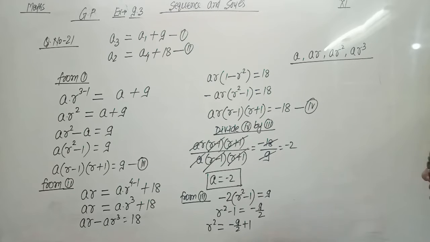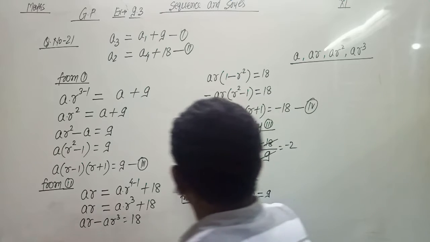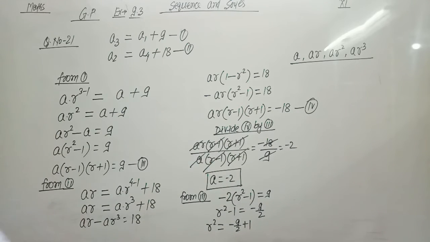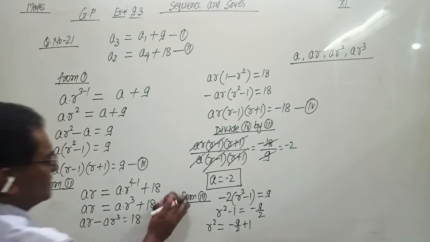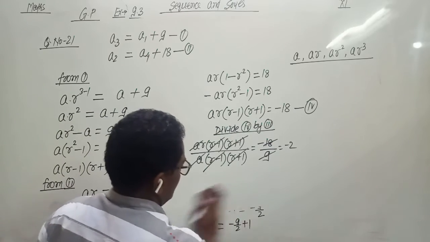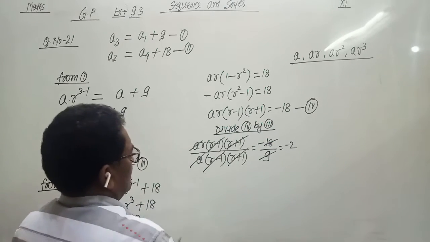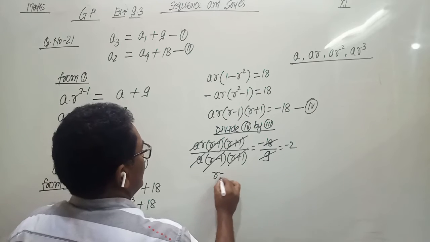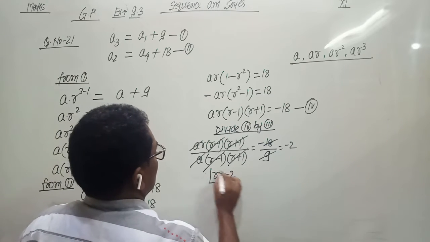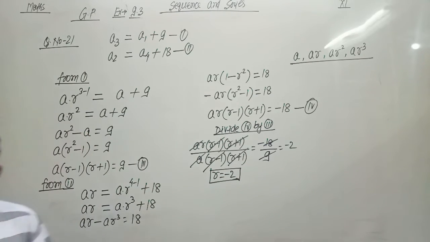Here we get the value of r, not the value of A. So the value of r is −2. The common ratio is −2.